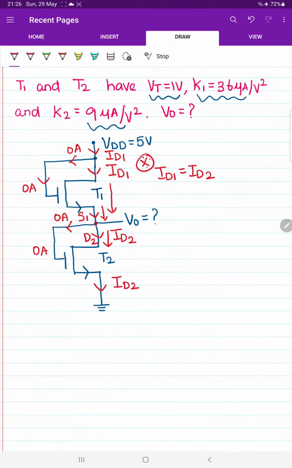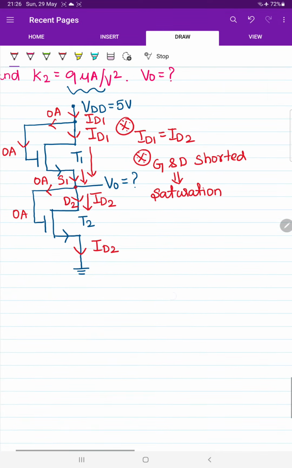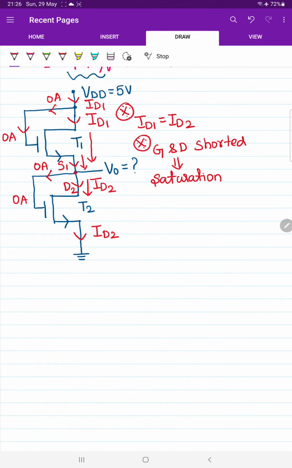Now from here, I am going to give you one more conclusion. Whenever the gate terminal and drain terminal are shorted together, then the transistor will always be in the saturation region. This is an observation, not a mandatory condition. Whenever you observe that gate and drain terminals are shorted together, the region of operation is always saturation.